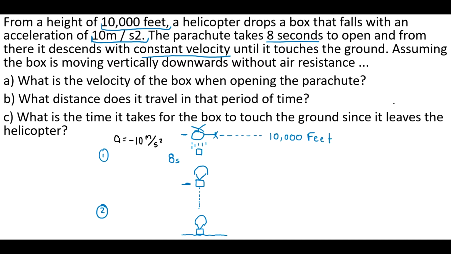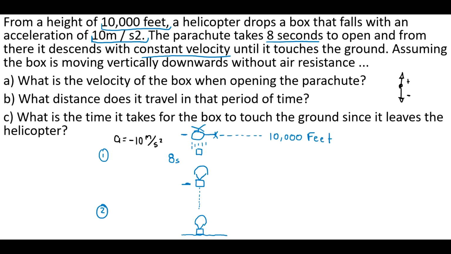Remember I told you the reference system: everything that goes up is positive, everything that goes down is negative. So the acceleration goes downwards. That's why the acceleration at this point is negative.